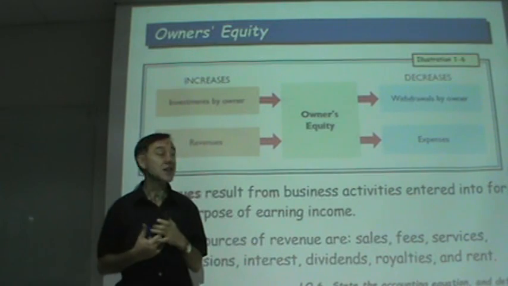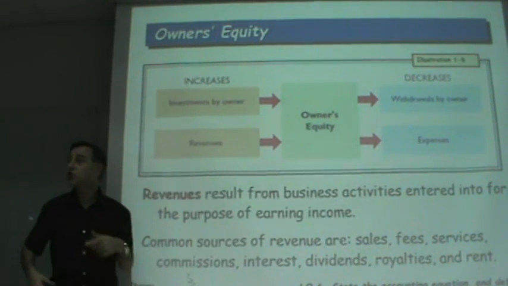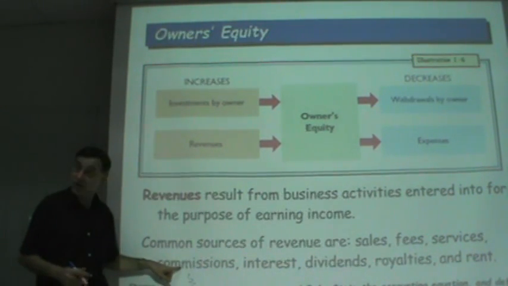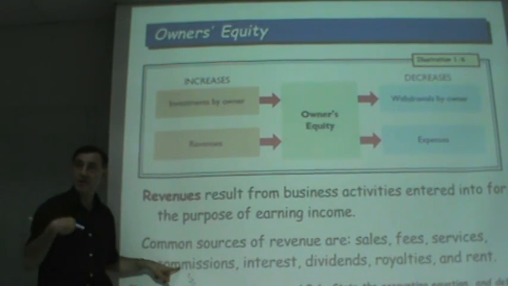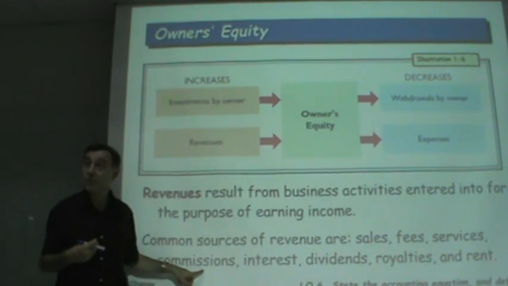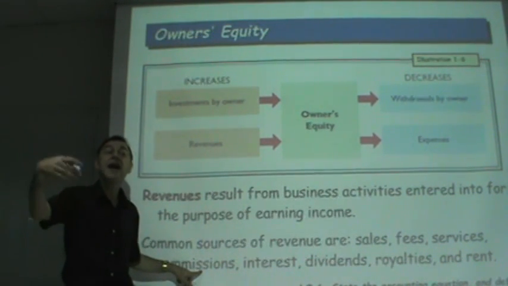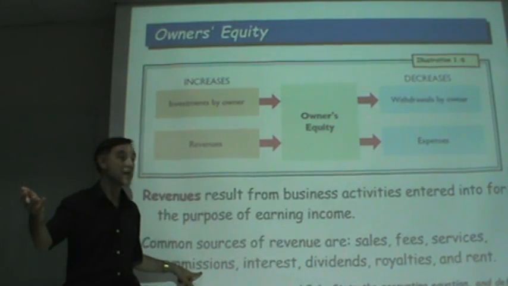Or internet connection, that's all service. Commissions, if you're charging your customers, okay? So commission could be a revenue when you charge the commission and you get the money. But commission can be expense when somebody else is charging you a commission and you pay a commission.